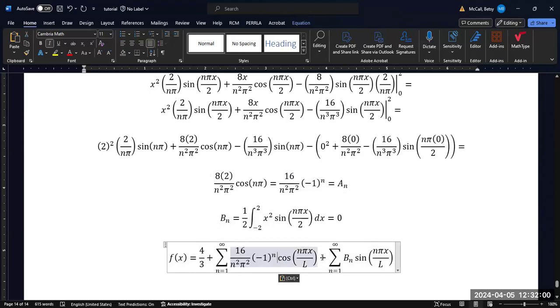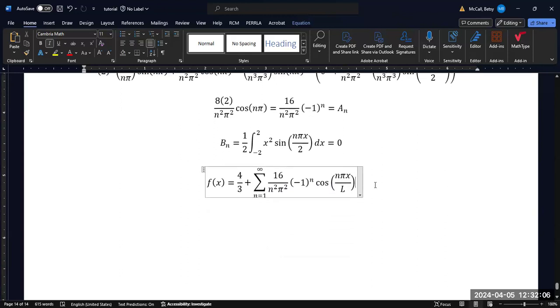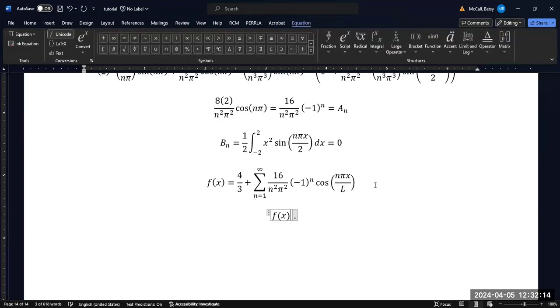And then b sub n was all 0, so the rest of this goes. Now, what we would want to then show, if we could, was that this would actually work as a model. So let's write out the first couple of terms and see how we do.